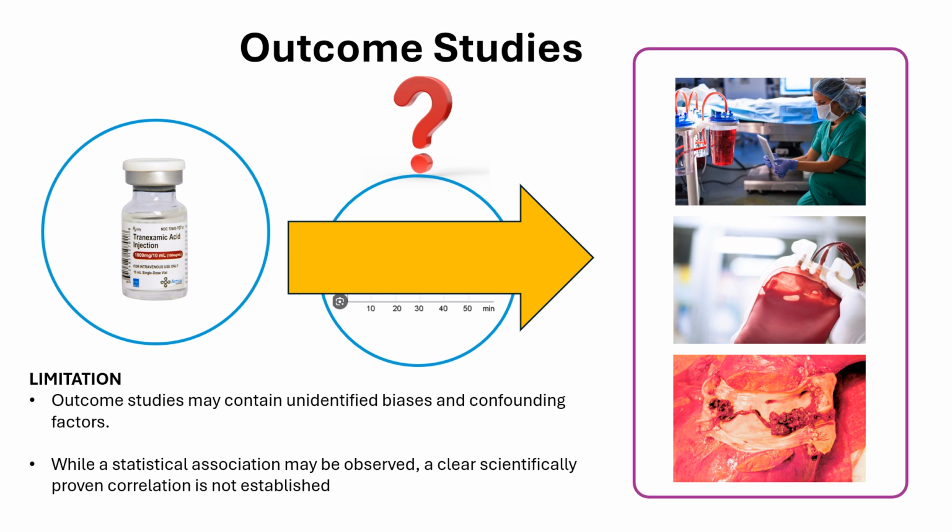So most likely outcome studies contain unidentified biases and confounding factors. And while there might be a statistical association between what we observed and an outcome, the clear scientifically proven correlation is not well established. Those are important things we have to consider when interpreting outcome studies.